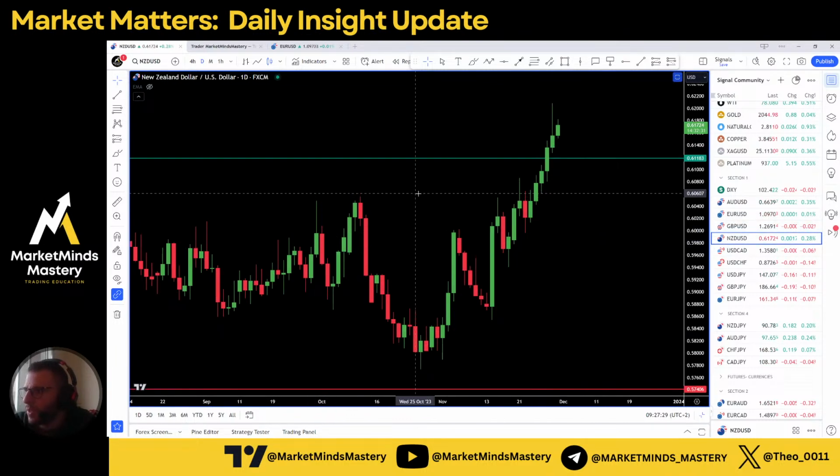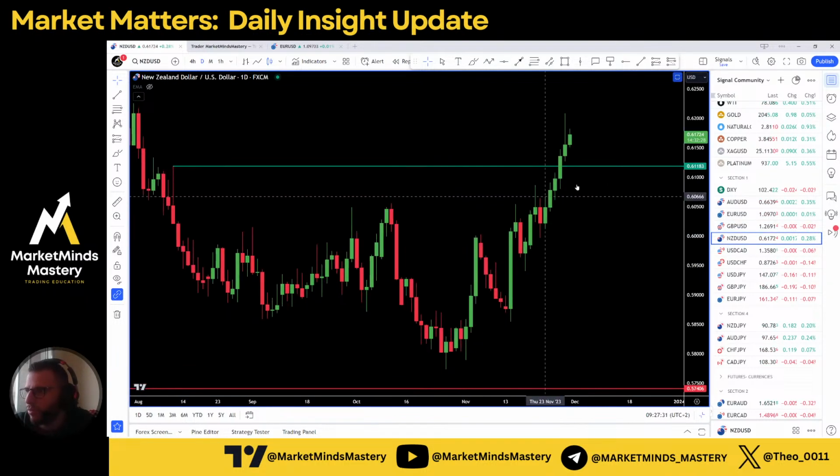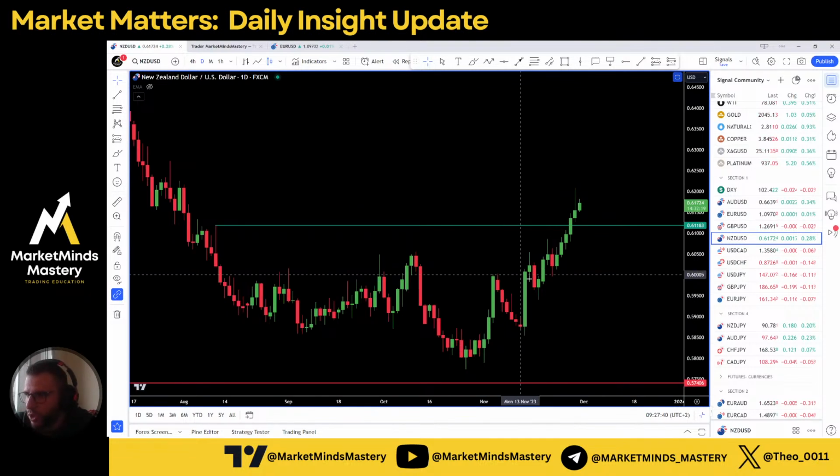New Zealand against the US dollar, it's still rallying, and I'm still holding a trade actually on the euro New Zealand to the short side. I'm still on that trade because there is more strength than weakness on the Kiwi. Price makes higher highs, higher lows. I don't see anything here to sell. The resistance is much higher.